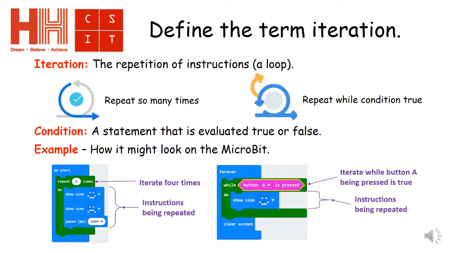So it will constantly be looking to see whether button A is being pressed. While it isn't being pressed, it will keep the screen clear, but if it detects button A being pressed, it will show the icon happy face. This code will not stop running.